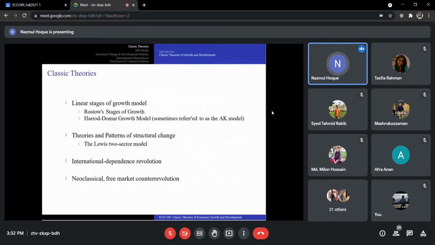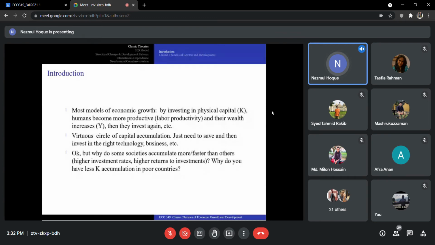One important thing you need to understand is that capital accumulation can lead to a virtuous cycle, or virtuous circle. If you produce more capital, that makes you more productive, so you will have more time to produce more capital, which in turn is going to make you even more productive and so on. This process continues.